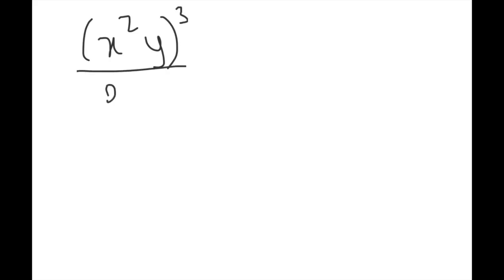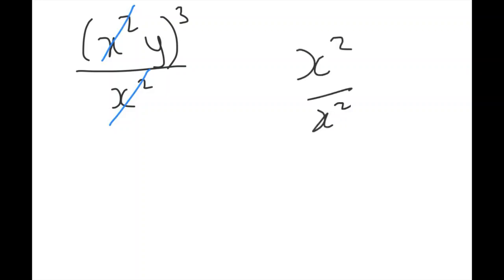Next, we have x squared y to the power 3, all of that divided by x squared. Here, you can't cancel at this stage. For normal x squared over x squared, you could have done that, but you can't do that.